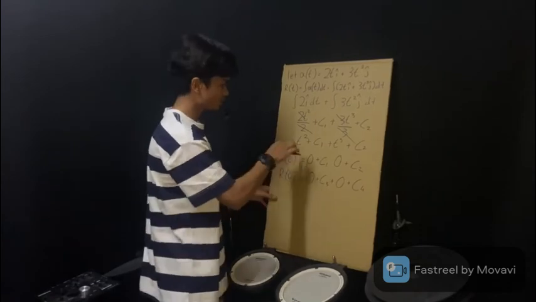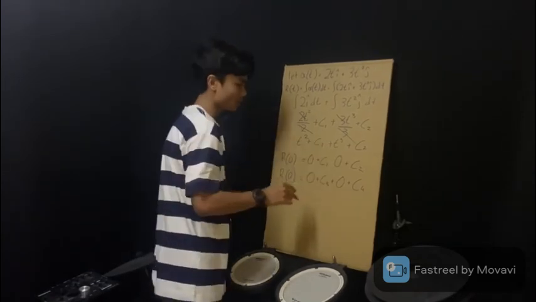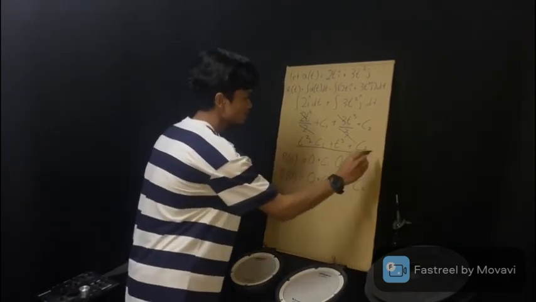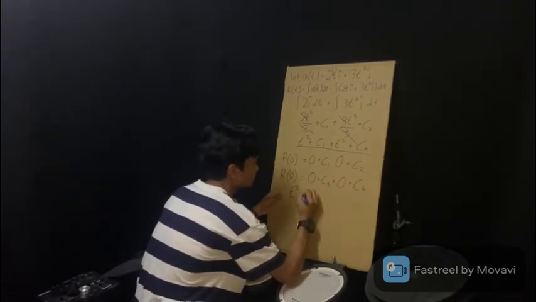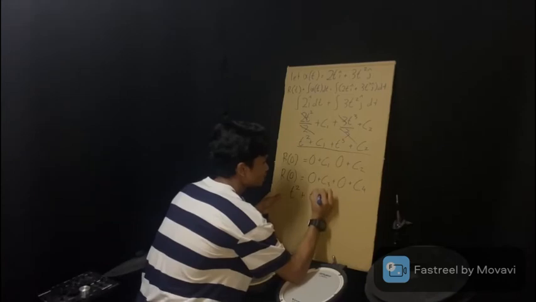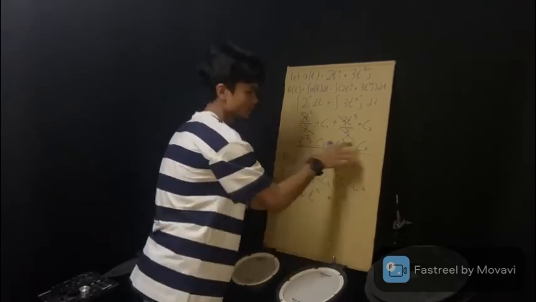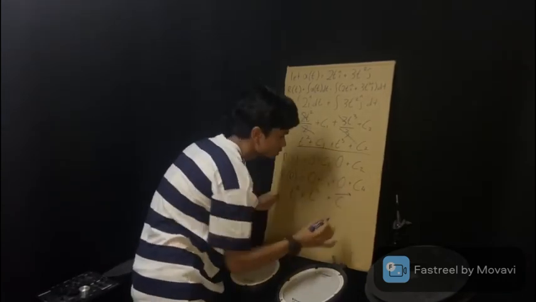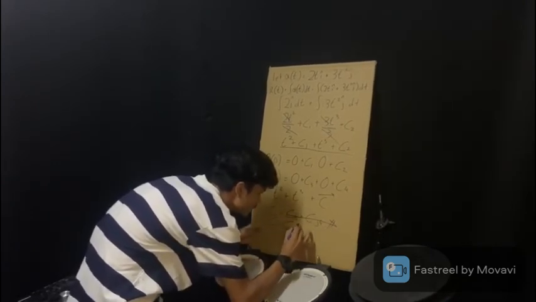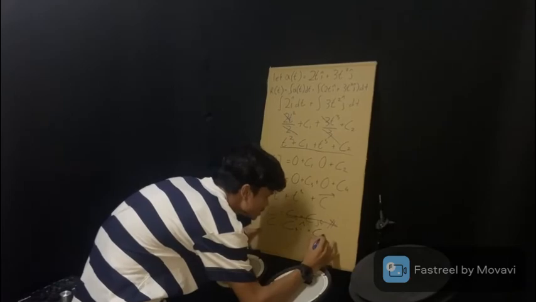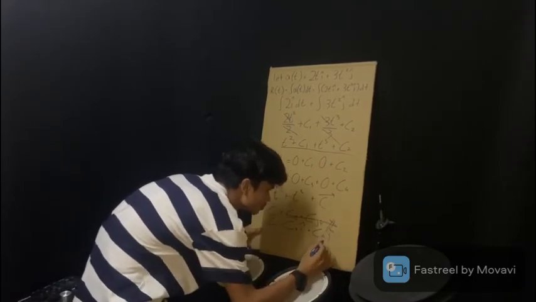Okey, macam tadi kita tengok dekat sini t square tambah c1, saya akan rewrite balik sebagai t square tambah t kuasa 3 tambah c, saya gabungkan c ni, jangan lupa cap. Tu dia akan jadi c sama dengan c3 i cap tambah dengan c4 j cap, and this will be your final answer.